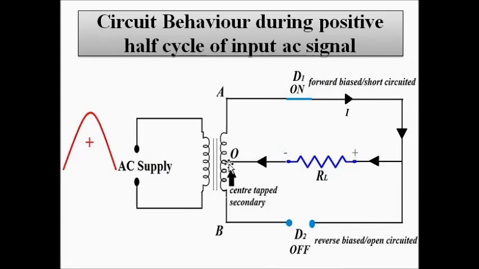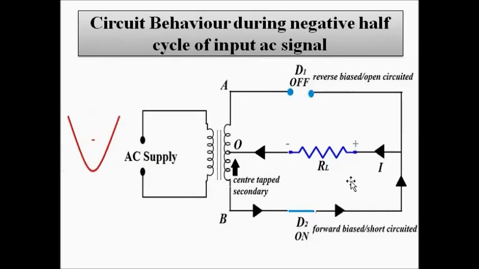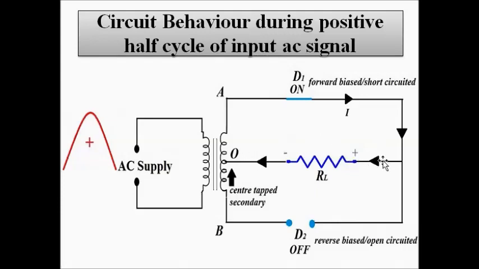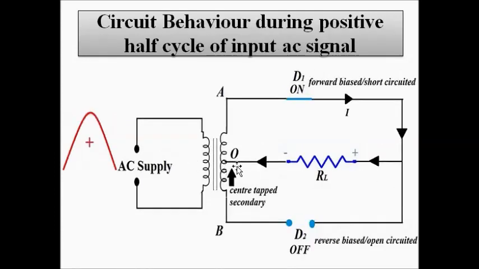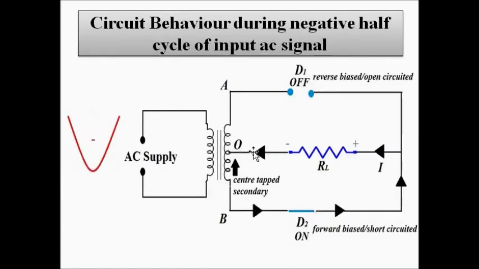So in both cases, the direction of flow of current stays the same. This is a very important point. In both cases the current flows from right to left towards the center tap winding, towards the point O.